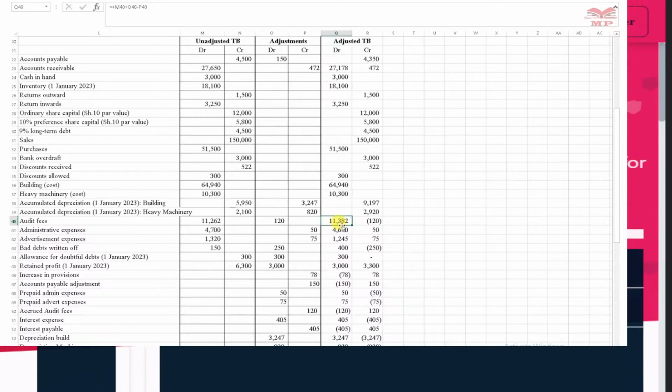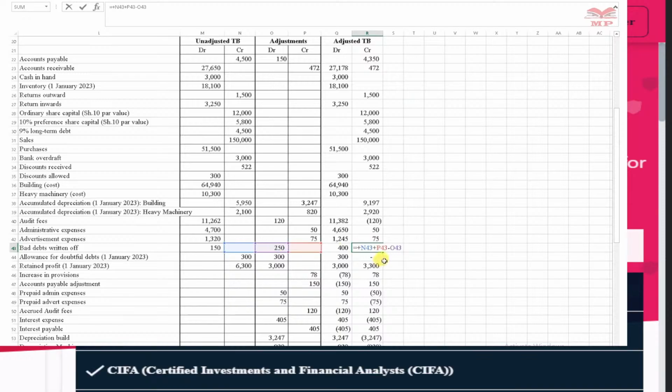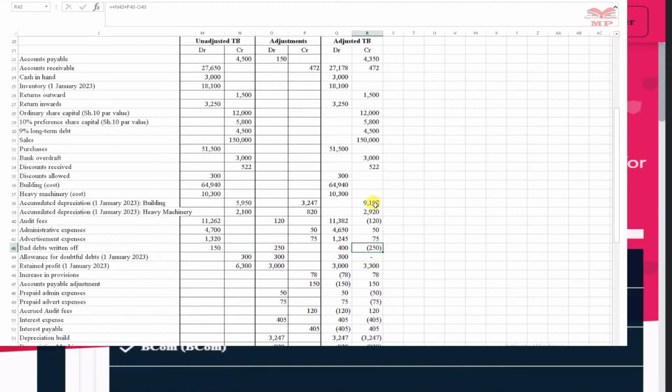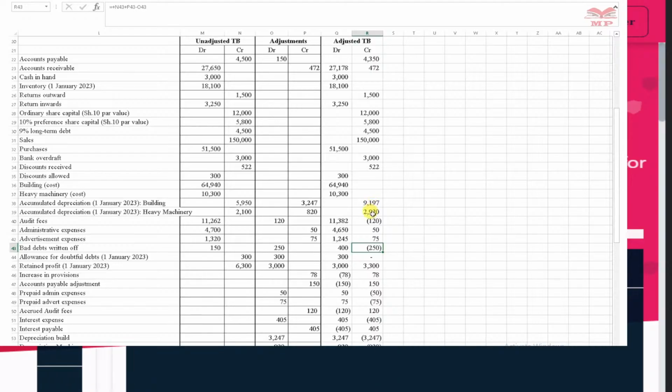Then we can see that this one does not have a credit, so we are supposed to delete the 250. So from here, these ones should not be there because we have credits. Don't have anything to do with credits.